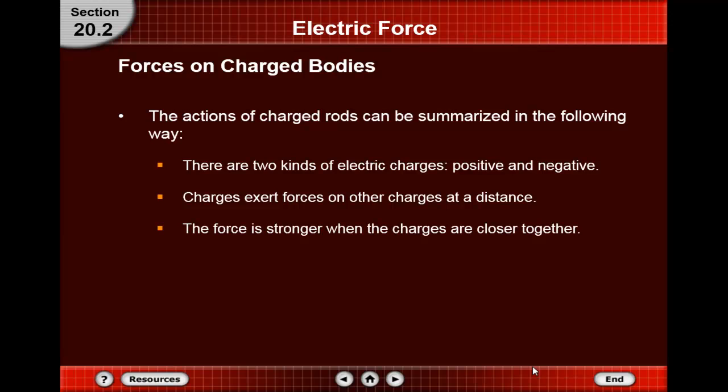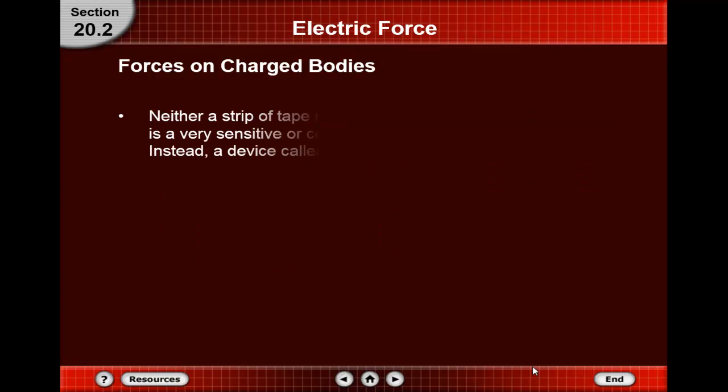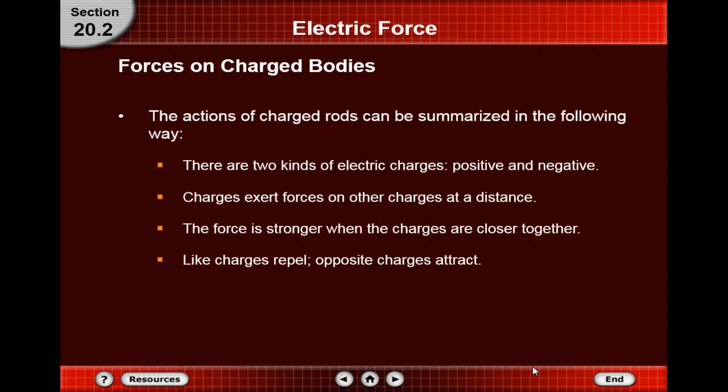Like charges repel, opposite charges attract.